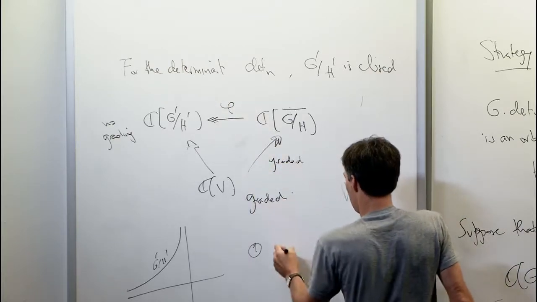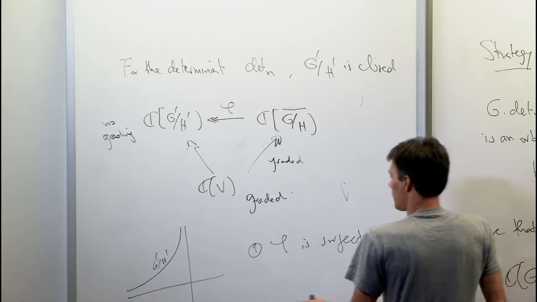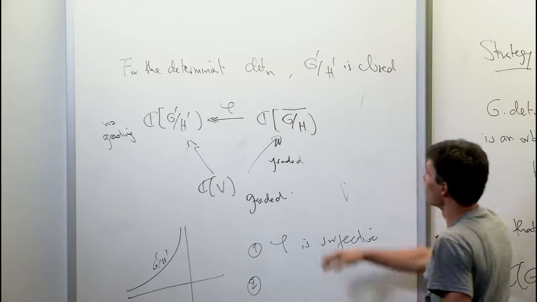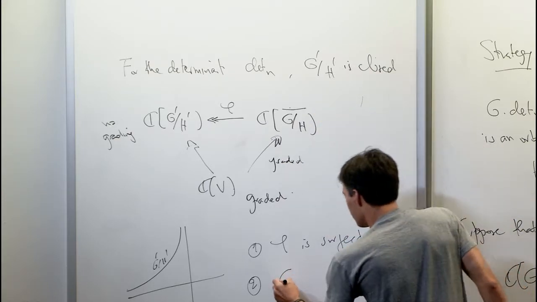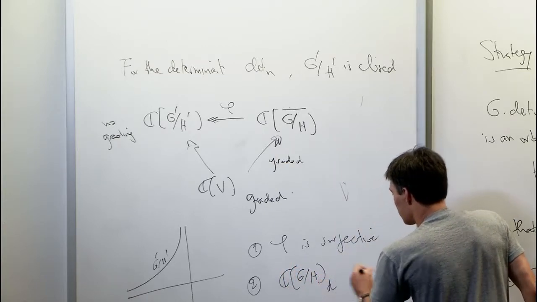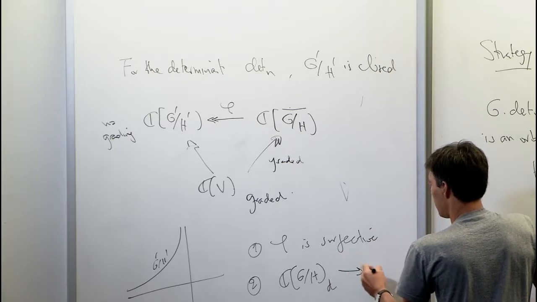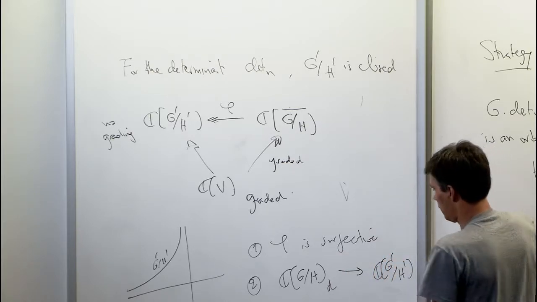Let's call this phi for surjective. And now we can restrict to each degree, to degree d polynomials. What does that mean?